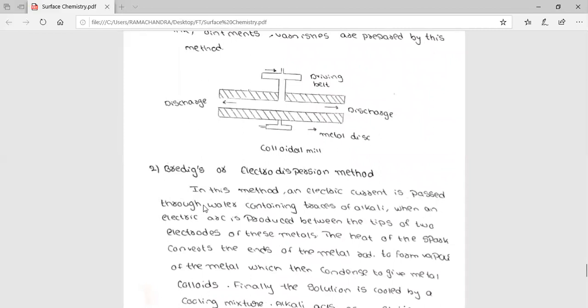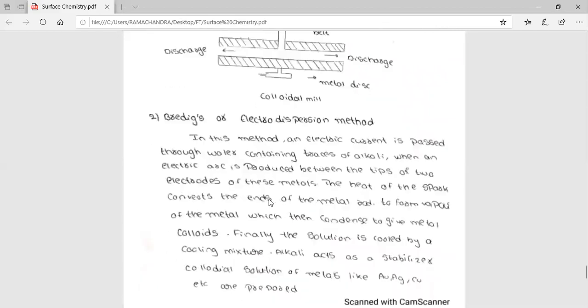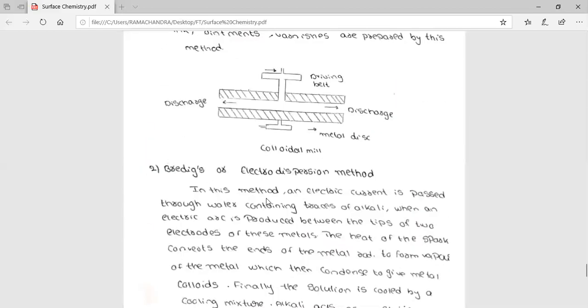Next we discuss the Bredig's arc or electrodispersion method for the formation of colloidal particles. In this method, an electric current is passed through water containing a trace of alkali.